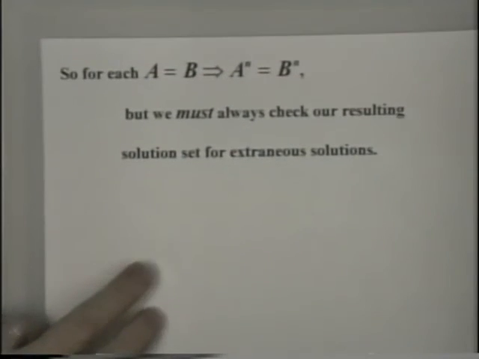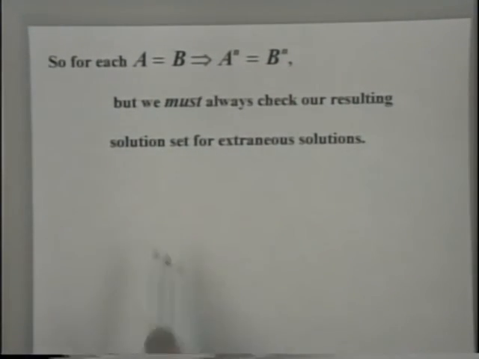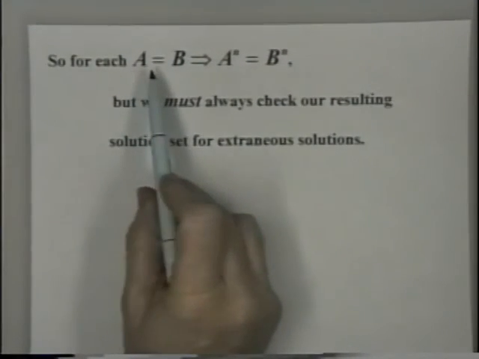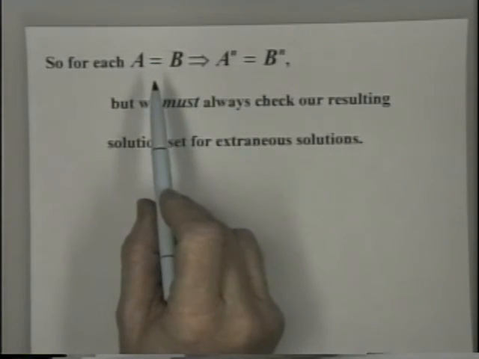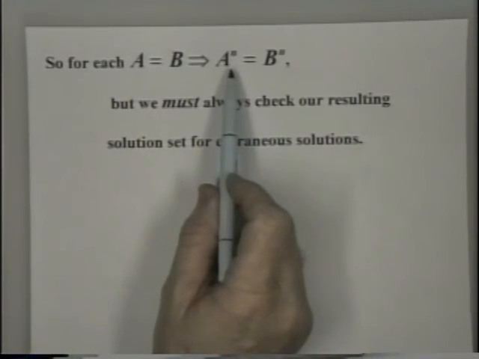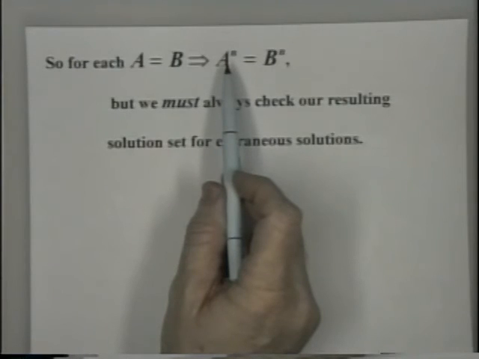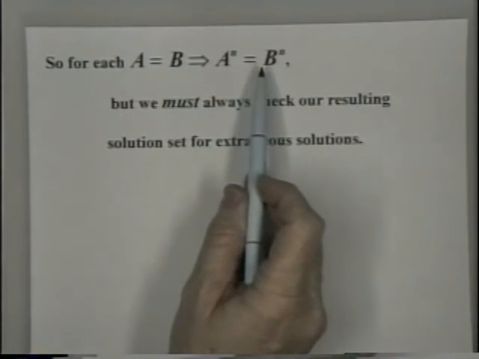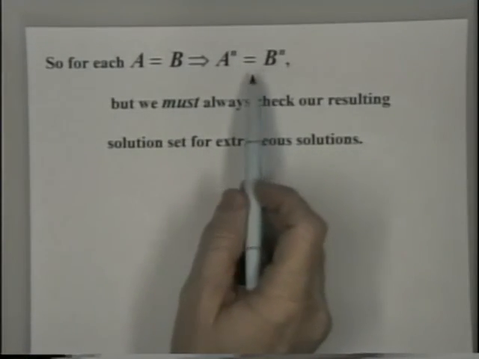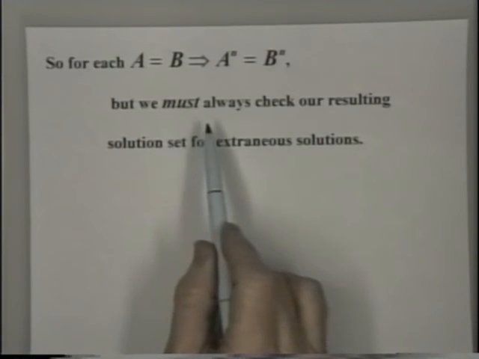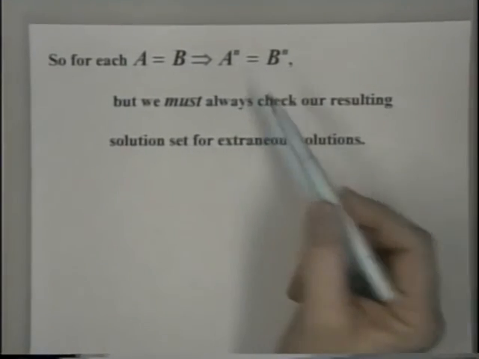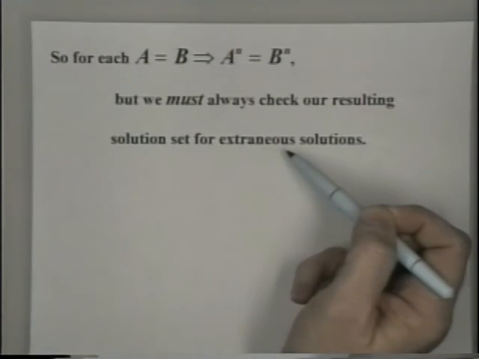Or to state that in more general terms, for each equation in the form A equals B, if you look at the equation you get by raising both sides to the nth power, you may introduce an extraneous solution.